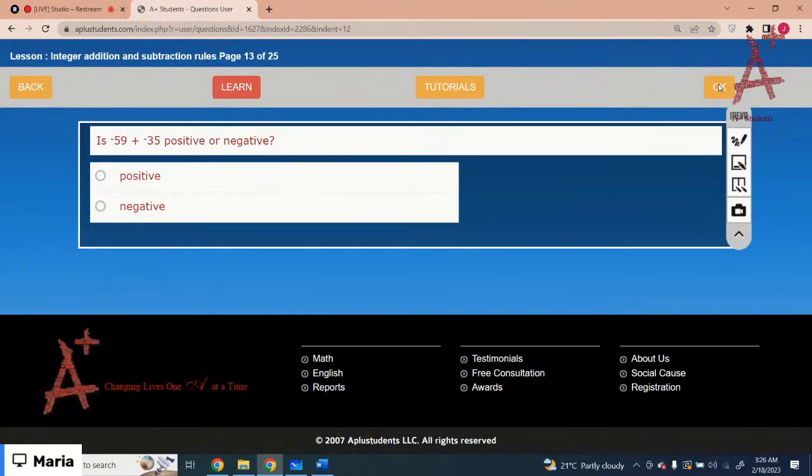Okay, is negative 59 plus negative 35 positive or negative? Both the numbers are negative. Got it? So the answer must be negative because both the numbers are negative.